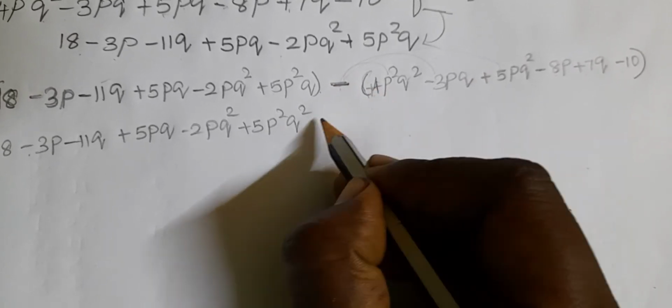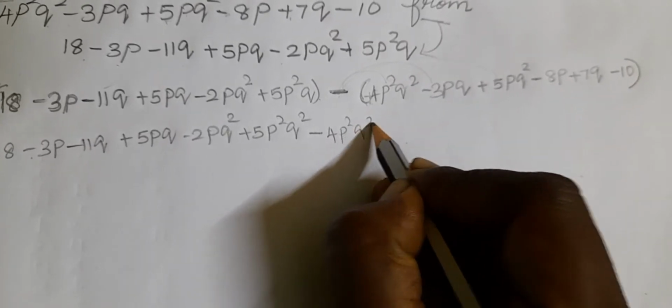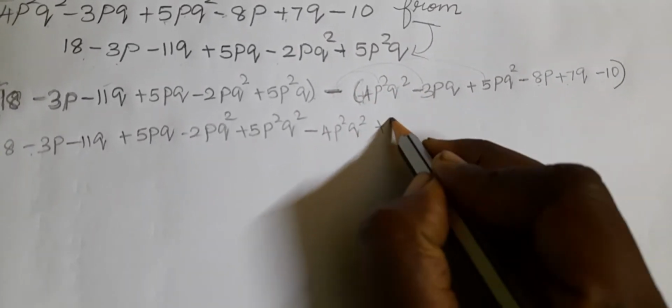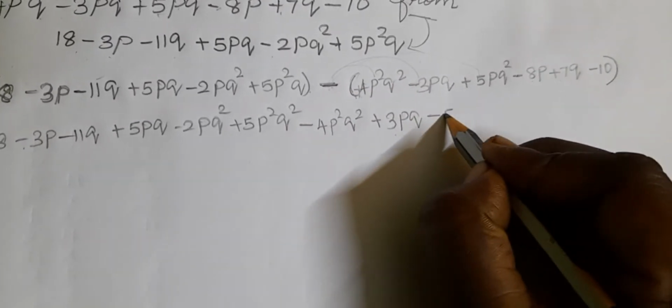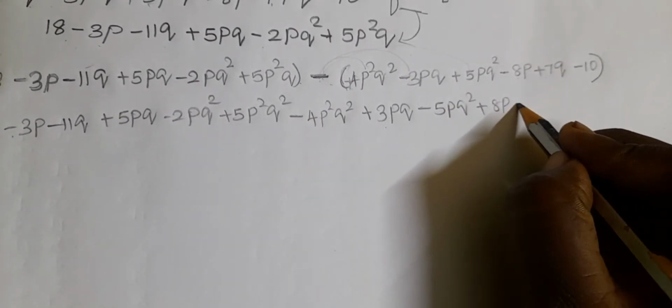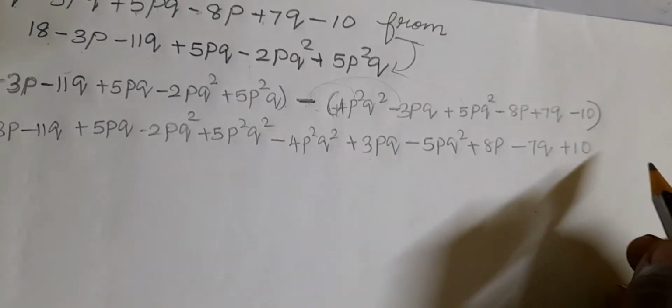So plus into minus is minus 4p square q square. Again, minus into minus is plus 3pq. Minus into plus is minus 5pq square. Minus into minus is plus 8p. Again minus 7q plus 10.